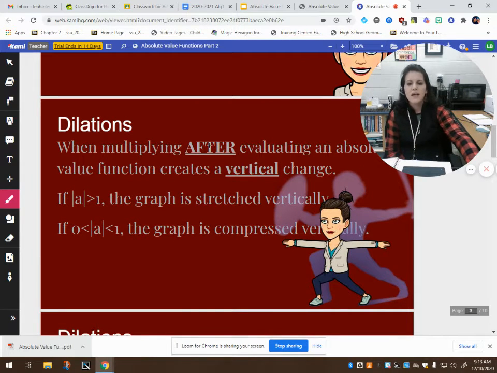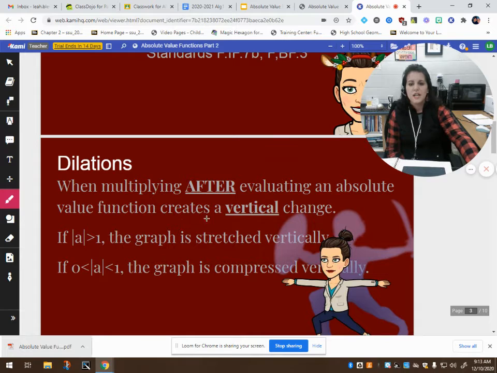When we multiply the problem after evaluating an absolute value function, this creates a vertical change. So if the absolute value of a, whatever this number is that we're multiplying by, is greater than 1, then it stretches my graph vertically.